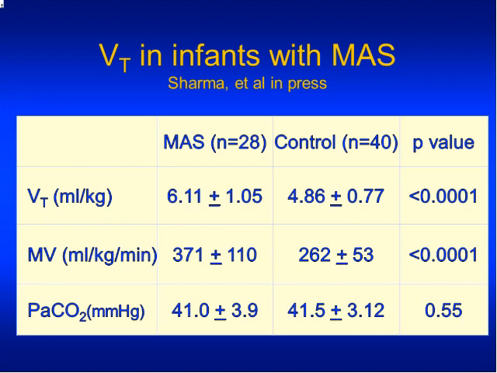So here's an old study that's actually now been published. We looked at a bunch of babies with meconium aspiration, thinking that these babies have a lot of air trapping, overexpansion, and increased alveolar dead space, so they probably need a bigger tidal volume, and they did. Substantially bigger tidal volume compared to similar-sized infants with more homogeneous disease.